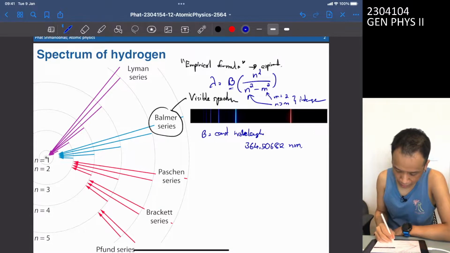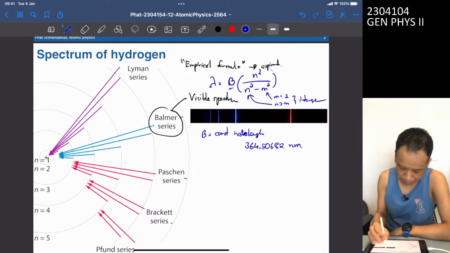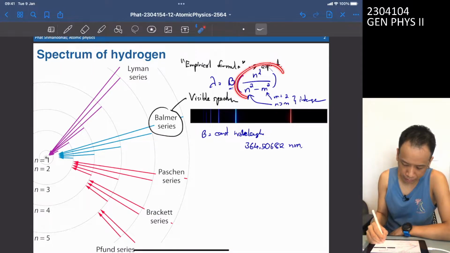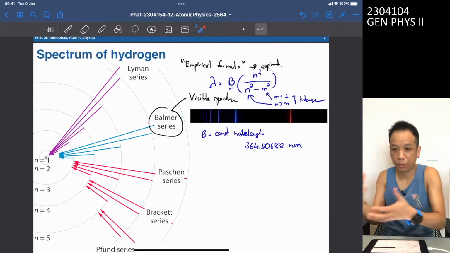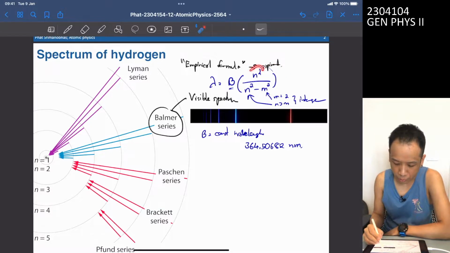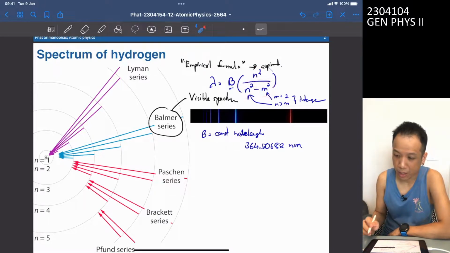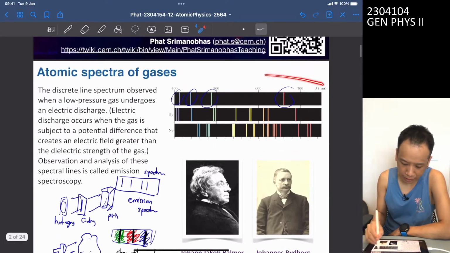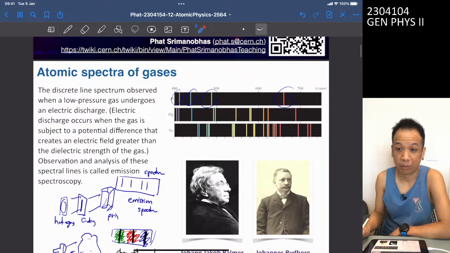With this wavelength multiplied by a fraction of integers, n squared divided by n squared minus m squared, you will get the wavelength that explains the hydrogen atom.